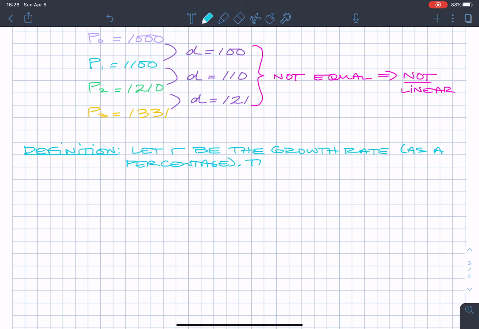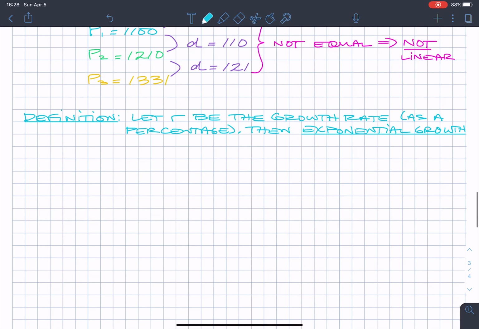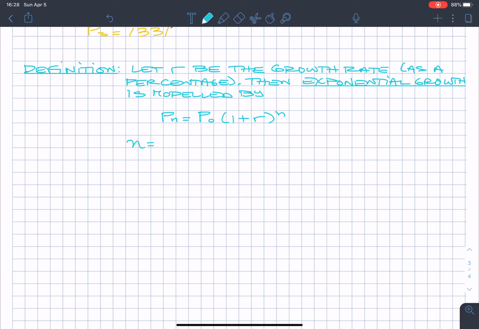Then exponential growth is modeled by P sub n equals P sub 0 times the quantity 1 plus r to the n, where n is units of time, and P sub 0 is the initial amount.